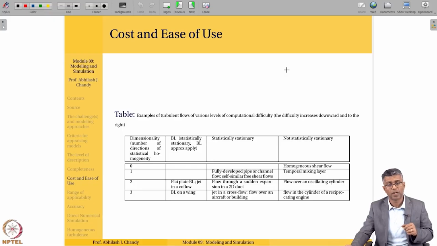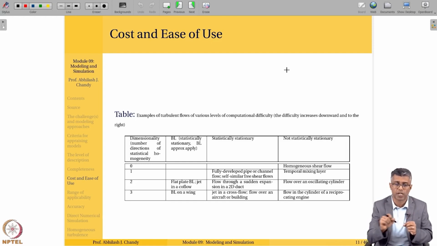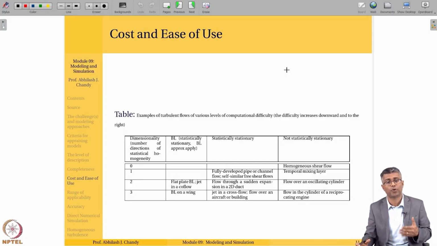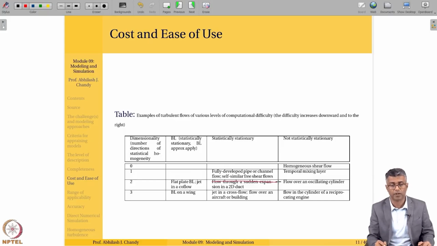That is for sure, as you go from 0D to 1D to 2D to 3D. What do I mean by 0D? It means it's a homogeneous shear flow, so nothing is changing with respect to space. You only have a single value that you're solving for. 1D, on the other hand, could be a fully developed pipe flow or channel flow, like you have here.